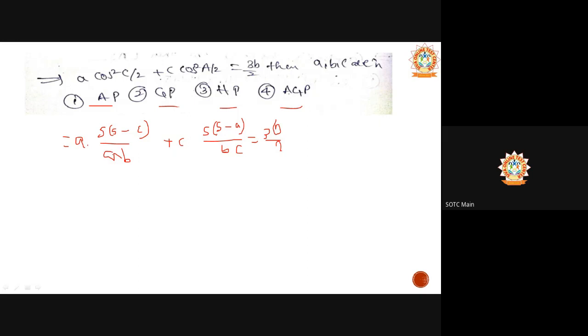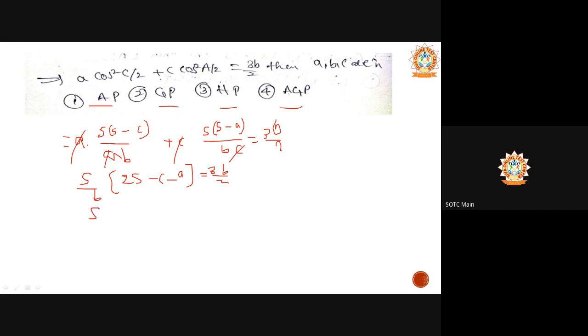Clear? So now here a will get cancelled, c will get cancelled. What is remaining? Take s by b common. This type of problem is already done. So here s plus s, 2s, minus c minus a, is equal to 3b by 2. Now 2s is a plus b plus c.